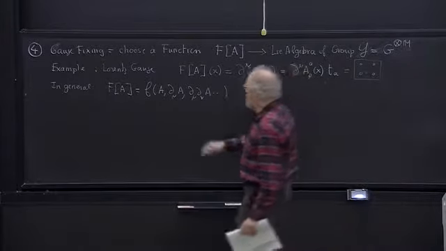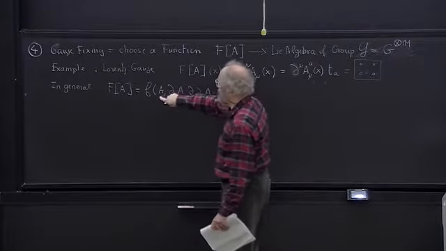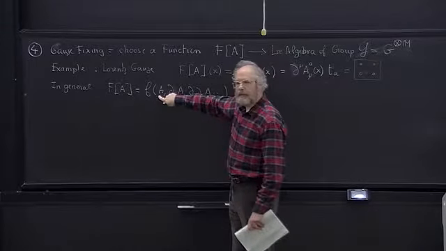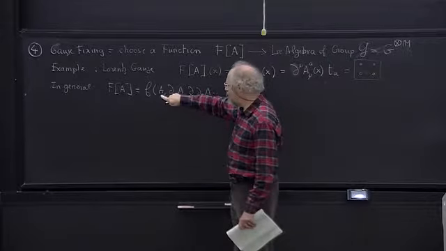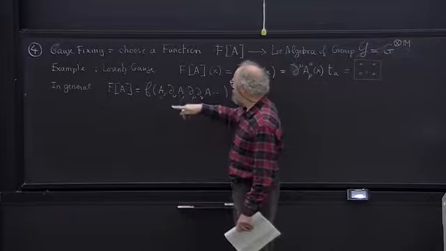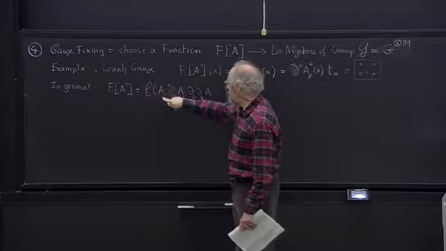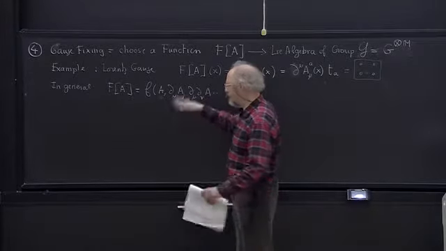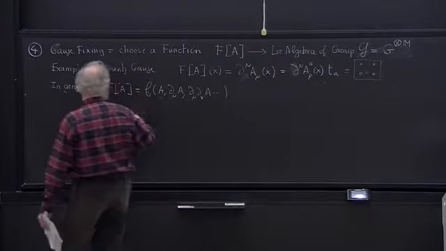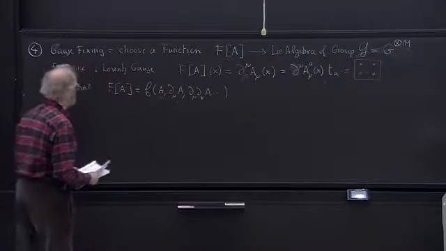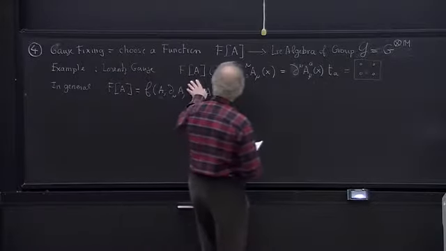So for instance, the Lorentz gauge depends on derivatives of A, but an axial or a Coulomb gauge is different: the axial gauge is A0, the time component, equal to 0. And the Coulomb gauge is that the spatial divergence of A is equal to 0. So in general, f is a function of A and its derivative at a given point. But this is the example I'm going to do.